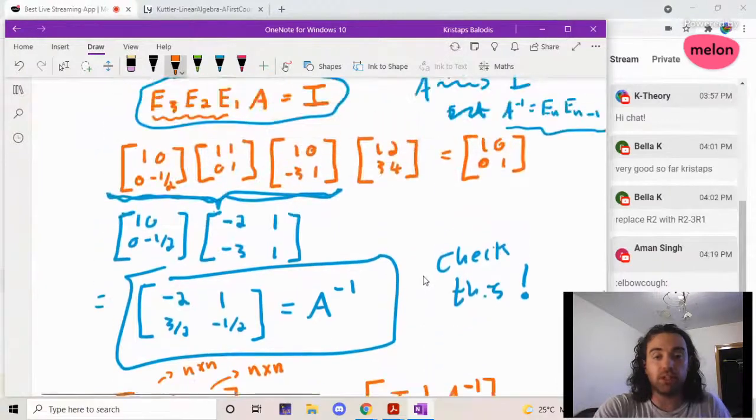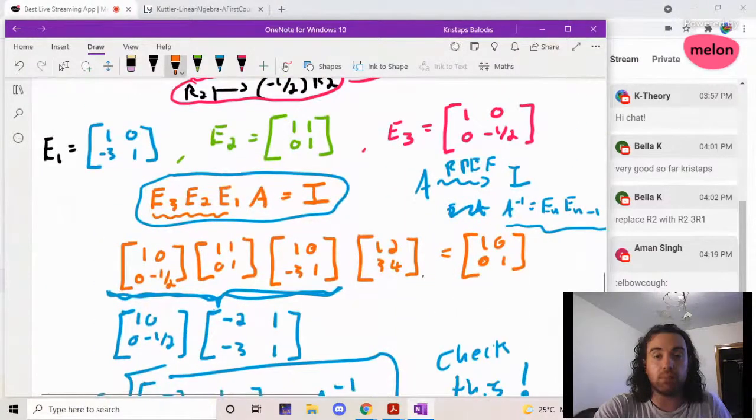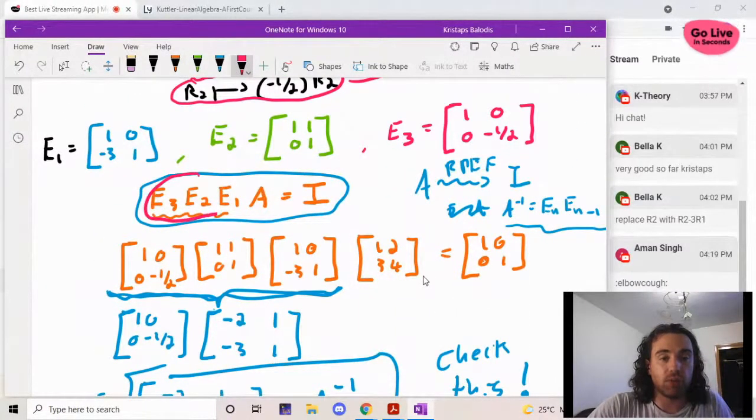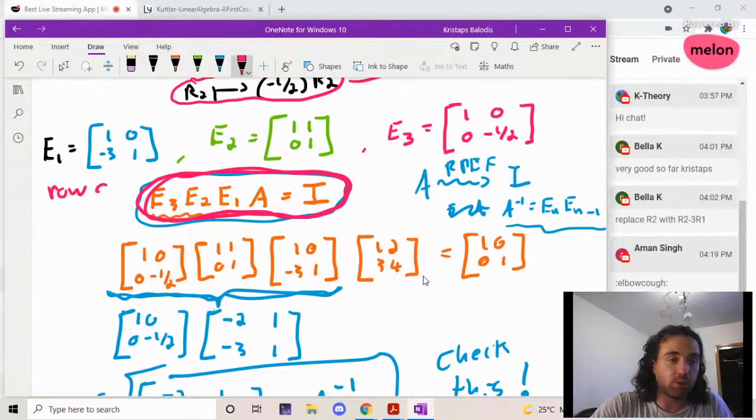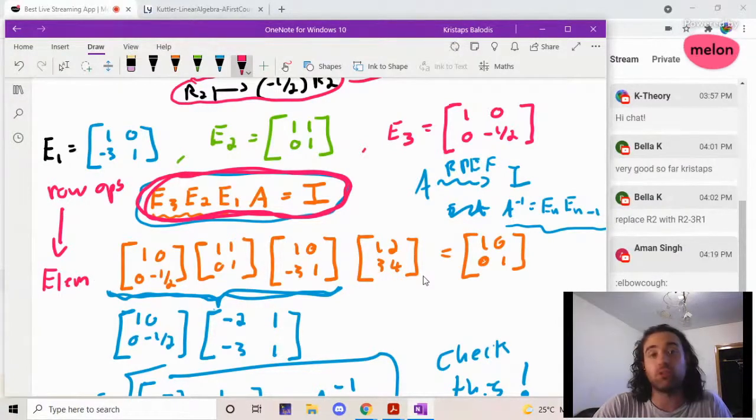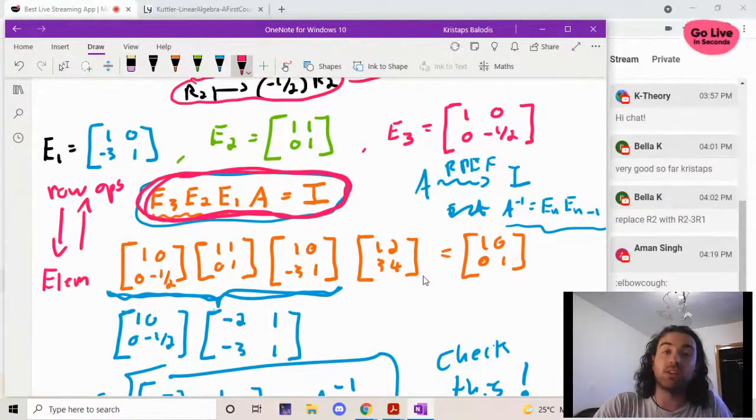And it basically comes from this idea of the elementary matrices and row operations being the same thing, right? So in the example I gave you above, I basically showed you how to get from row operations to elementary matrix multiplication. But the method I just mentioned basically does the other thing, right?